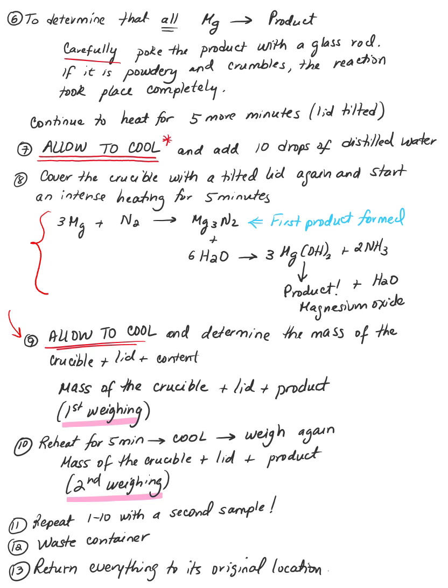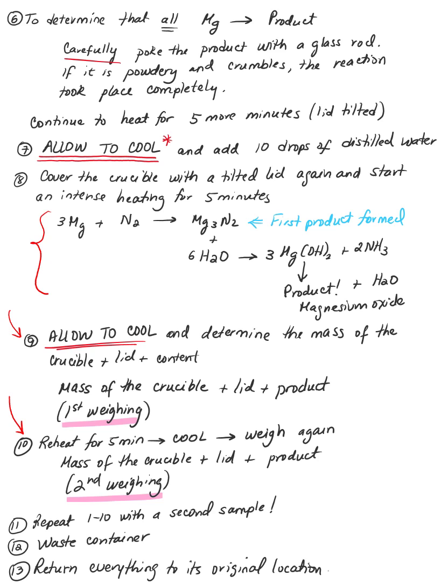Cool it down to room temperature and take it with you to the mass balance and determine the mass again. The mass that you're getting for your first weighing and the second one, they should be close to each other. So whenever you're determining those two masses, show me the numbers before you start the second sample.